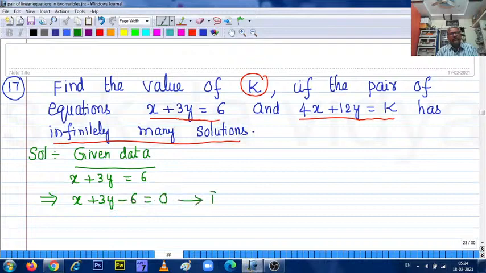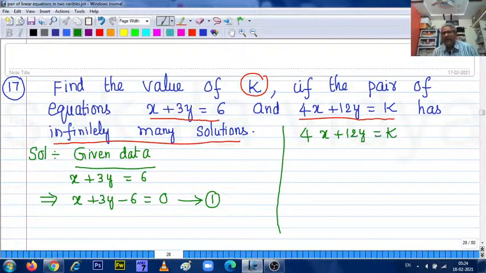Say equation 1. Now the second equation, 4x plus 12y equal to k. Transpose k to the left hand side, so that we get 4x plus 12y minus k equals to 0. This is the second one.